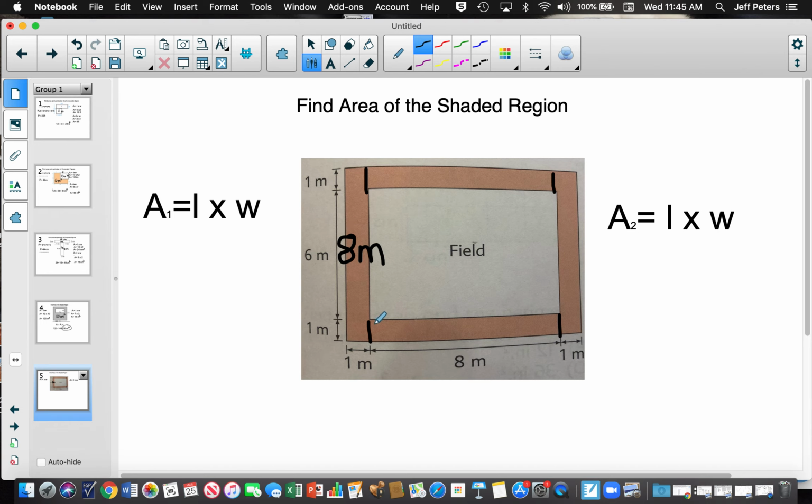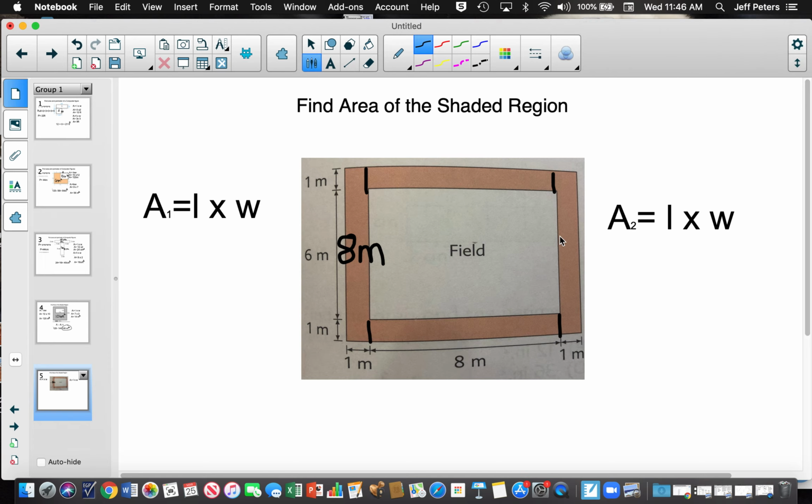Now, let's find the bottom here. So we have this rectangle now. We have a length of 8, it's already there, and we know our width is 1. Now, if we know this side, isn't this side going to be exactly the same based on our rules of geometry?